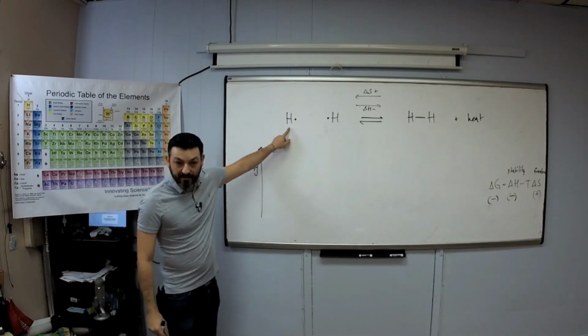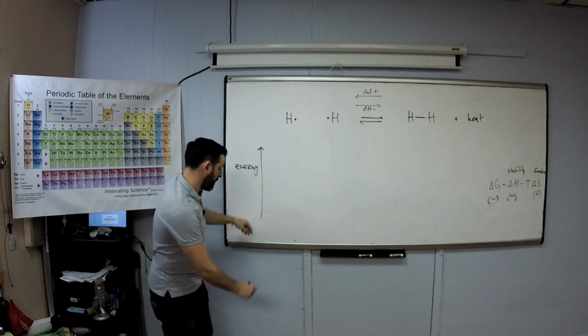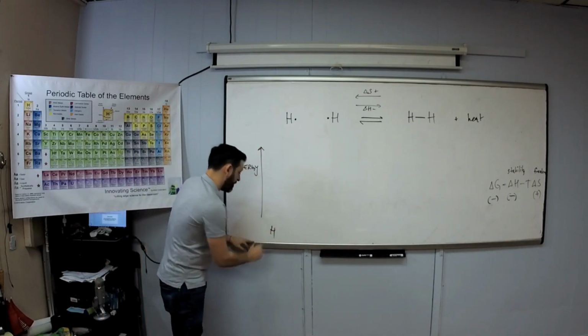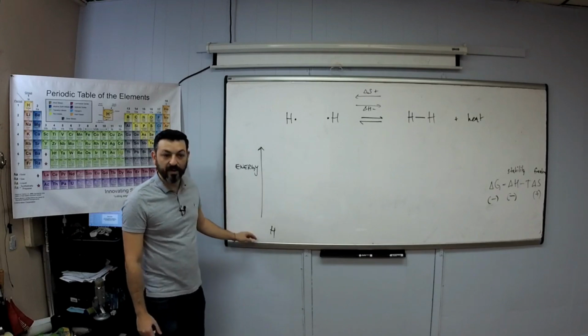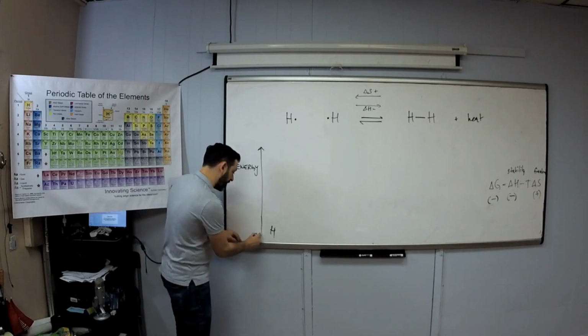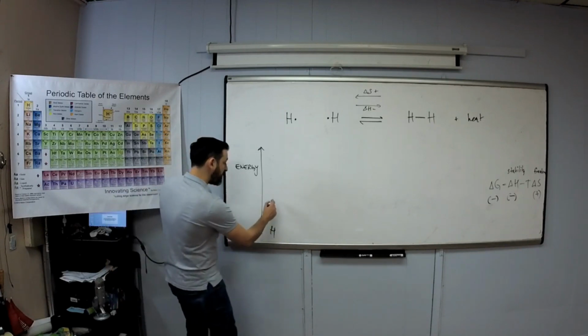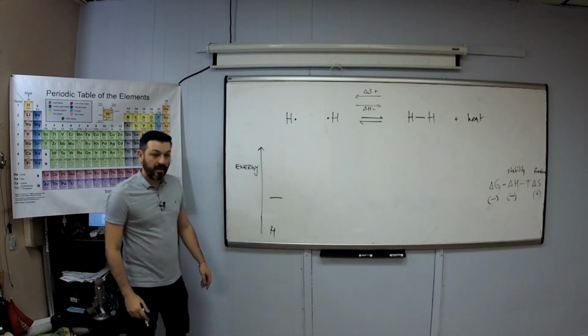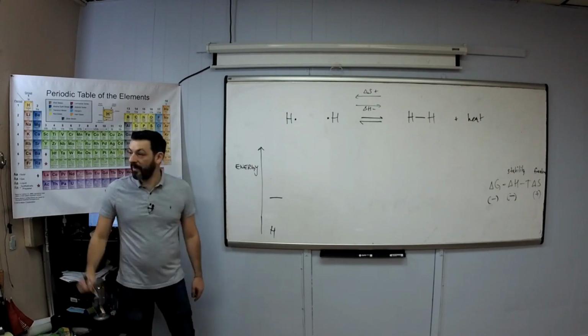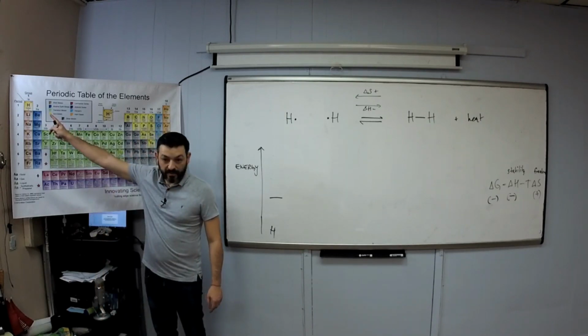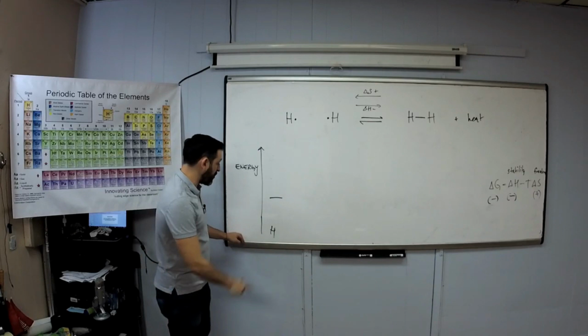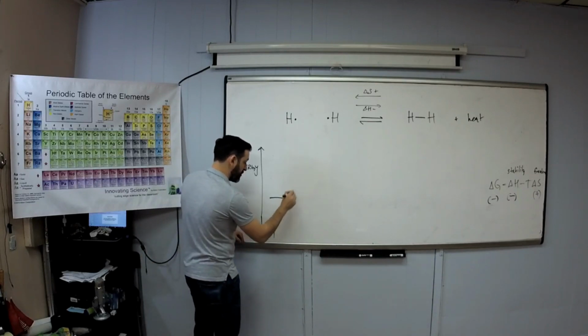A hydrogen atom, which I will draw right here, on an energy diagram, a molecular orbital energy diagram, has an orbital. What kind of orbital? It has an s orbital, right? We'll call this the 1s orbital.